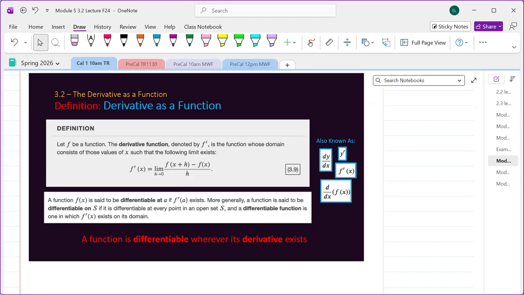So we say a function is said to be differentiable on some set S if it's differentiable at every point in an open set S. And a differentiable function is one in which f prime of x exists on its domain. So most functions we've studied so far are differentiable everywhere. So we can figure out the derivative, and then that formula is the derivative for that function.